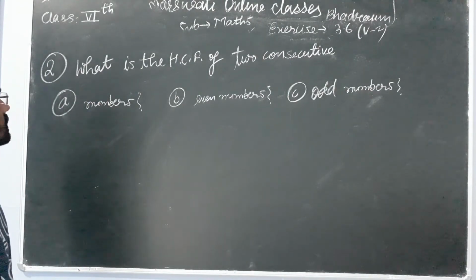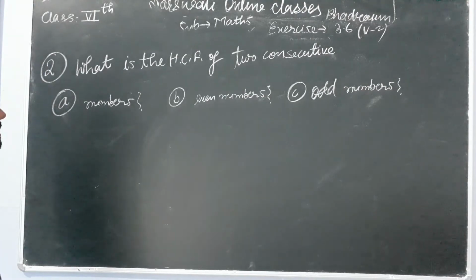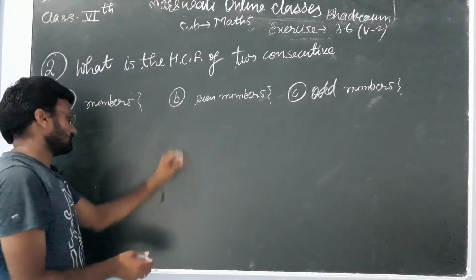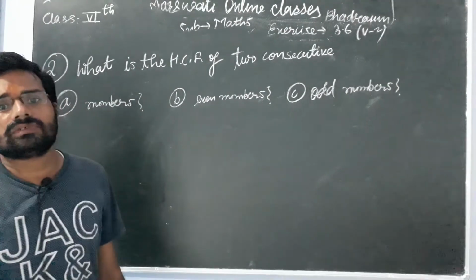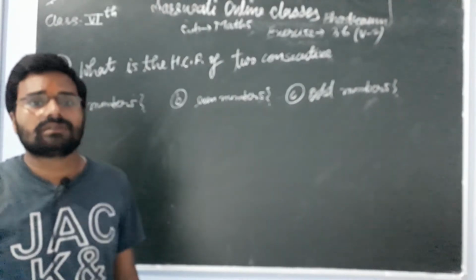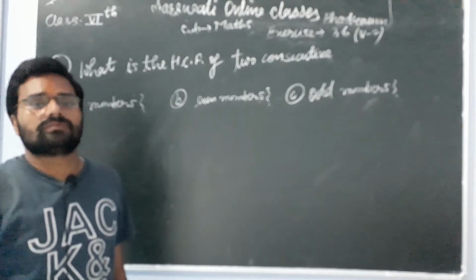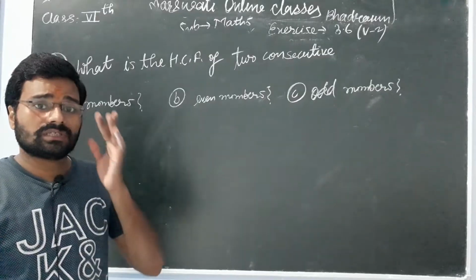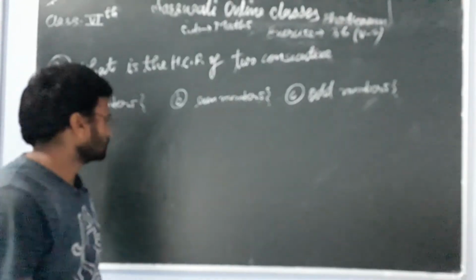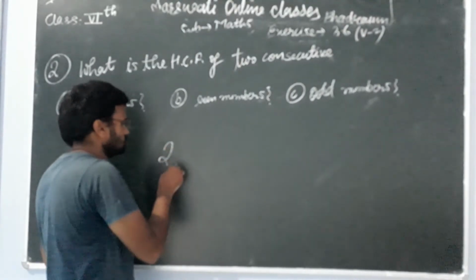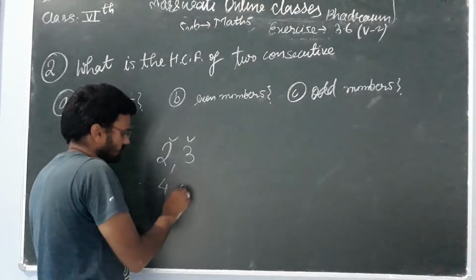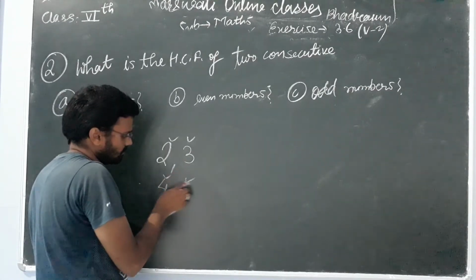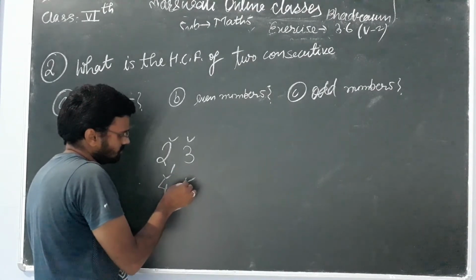Actually, whenever we take two consecutive numbers, we will get one even and one odd number. Like 2 and 3, this is even, this is odd; 4 and 5, even and odd.